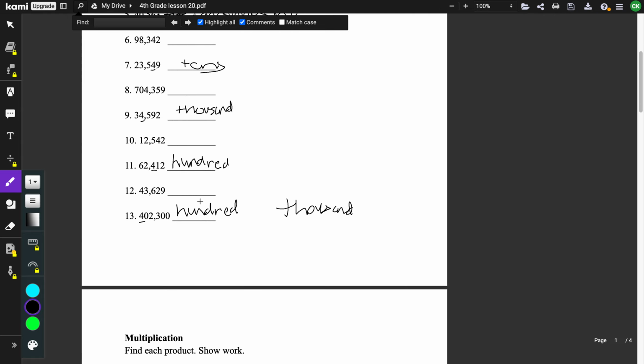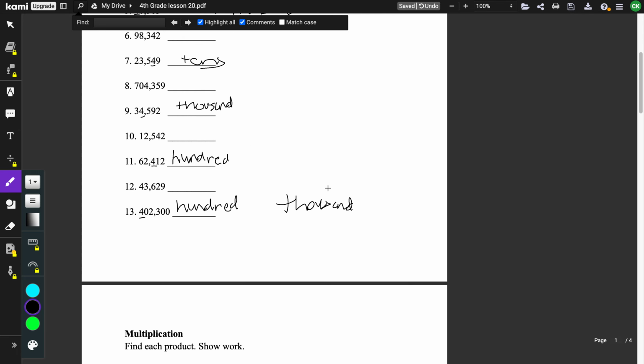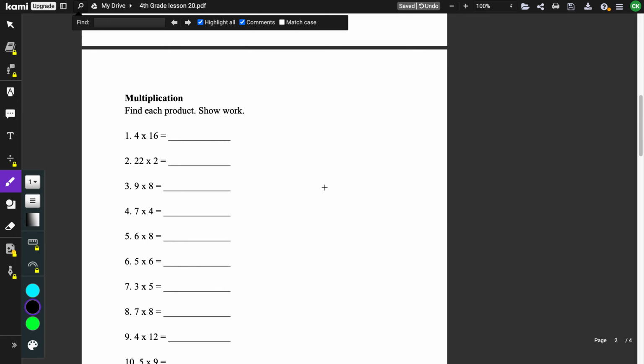So basically for these ones, you're just going to look at where the 4 is, and determine what place value it's at, like thousands, hundreds, 100,000s, 10,000s, stuff like that.